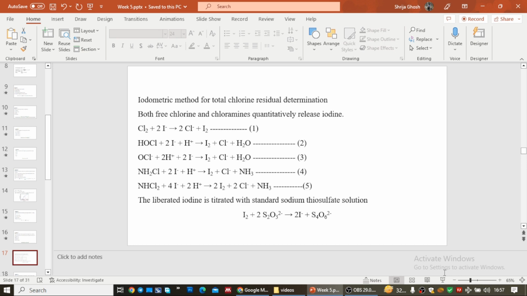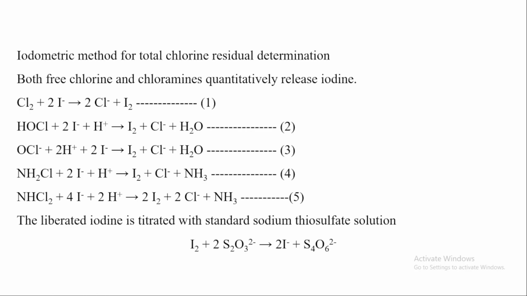So, an iodometric titration is done to determine the total chlorine residuals. I have told you there are two types of chlorine residuals after doing the chlorination. One is combined chlorine residuals and one is free chlorine residuals. Free chlorine residuals are basically Cl2, HOCl and OCl minus, and combined chlorine residuals are the chloramines.